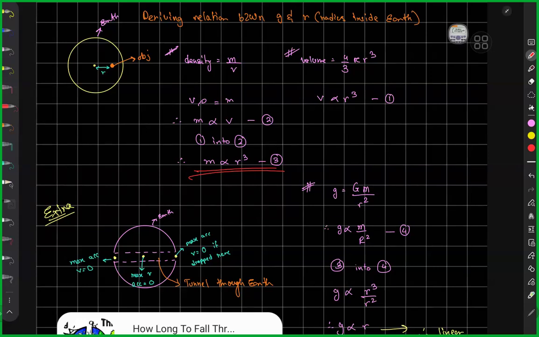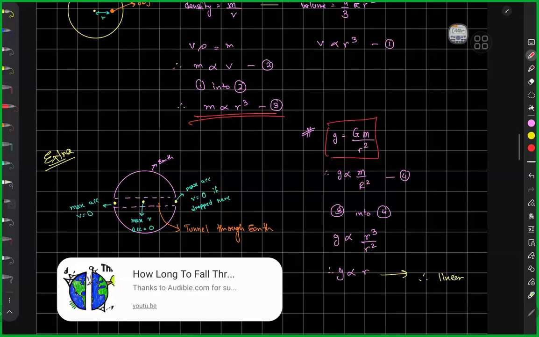Great. Now, do we also know the formula of gravitational field strength? Yes, we do. g is GM by r squared. Here I am going to say this is r, and this should also be r. So if this is the formula of gravitational field strength, can I use proportionality here as well? Yes, I can.